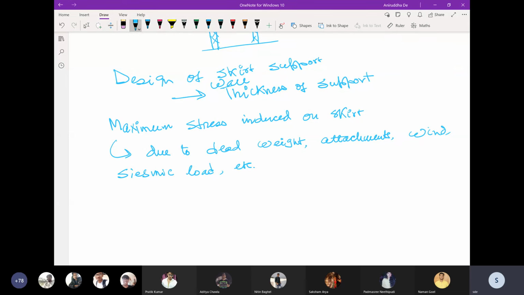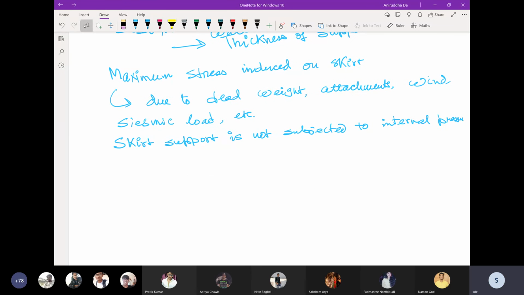So the skirt support is not subjected to internal pressure, so the tensile stress will not be present. So what is the maximum tensile stress on the skirt wall?